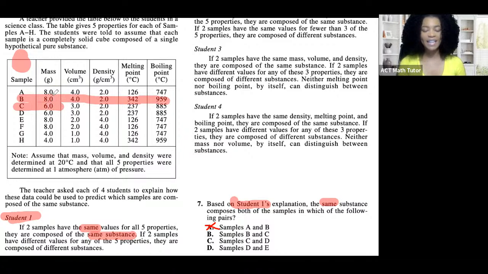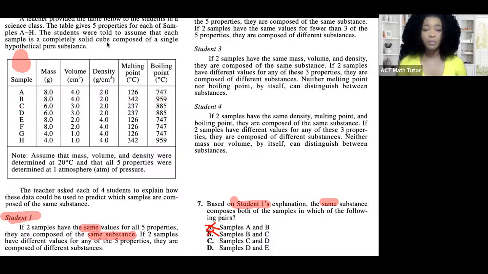Look, sample B's mass is 8 grams, and sample C has a mass of 6 grams. It's already wrong. I'm not going to waste time checking the other 5 values because this is a quick timed test. Student 1 said all 5 values need to be the same, so it's not B. Let's continue. It's got to be C or D now.